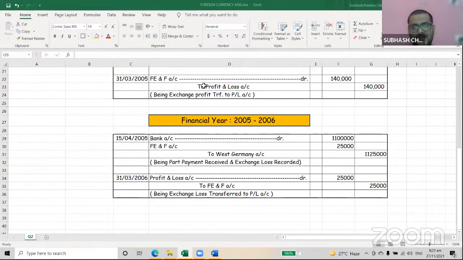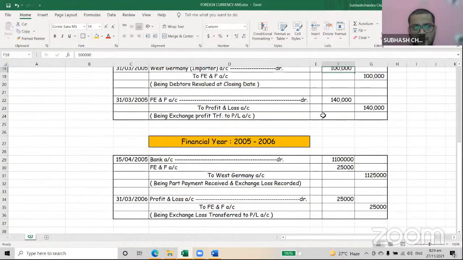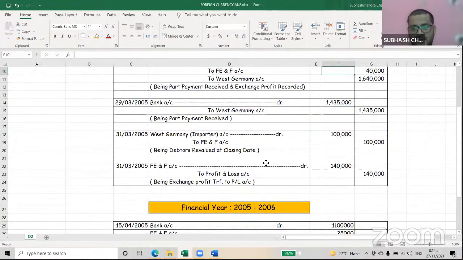Sir, can you please explain the 31st March 2005 entry? Which one? This revaluation, Syam, or the transfer to P&L? Both.